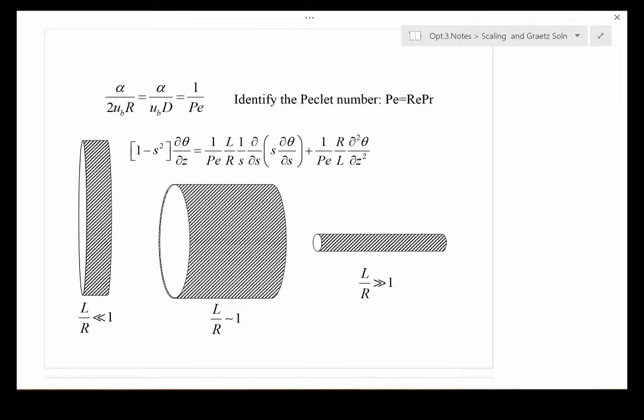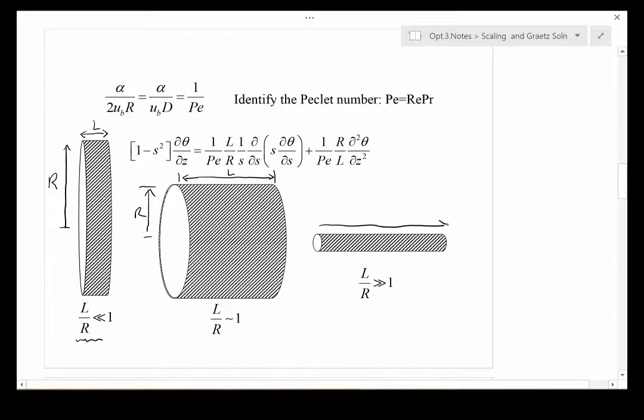So we think about three different cases. Geometrically, we can think about cases where L, which is the length scale of the tube, is compared to R, which is the radius of the tube. We can look at L over R that is about equal to 1, as compared to conditions where L over R would be small, or conditions where L over R might be large.